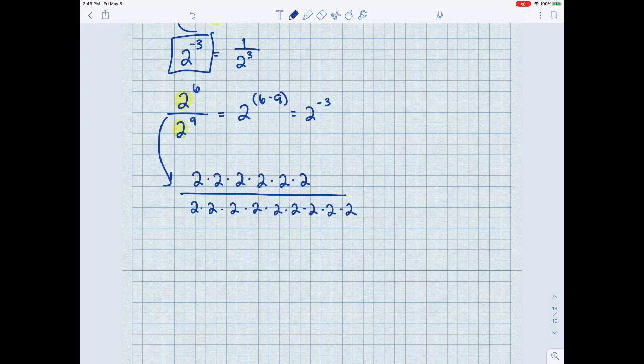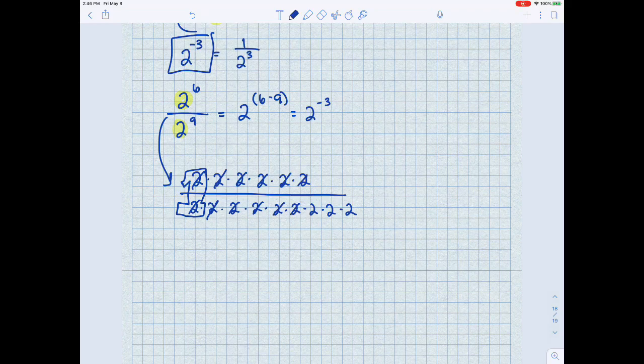Now, what's nice, when you have a number over itself as a fraction, you get 1, correct? So all of these pairs of 2's become 1's. In other words, they're canceling each other out. So these cancel each other out, and these, and these, and these, and these.